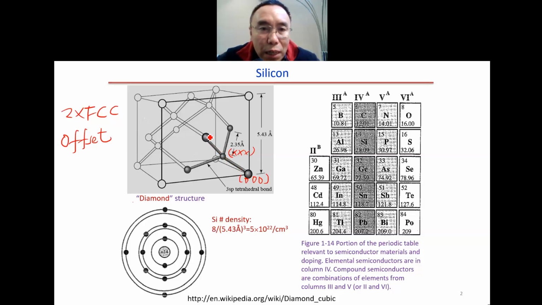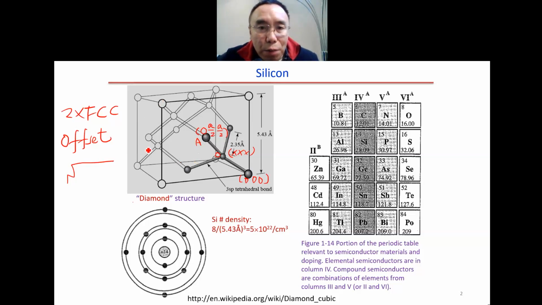We call this point A, and the origin O. The coordinate for A is x equal to 0, y equal to a over 2, and z equal to a over 2, where a is the lattice constant. This is at the center of this surface, so that's why it is 0, a over 2, a over 2.